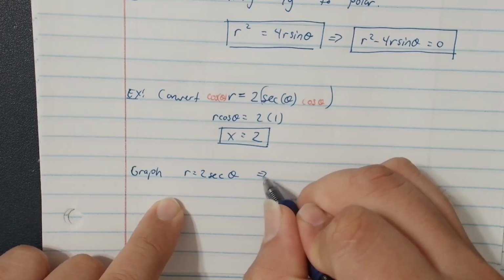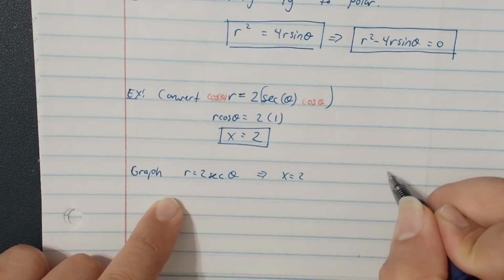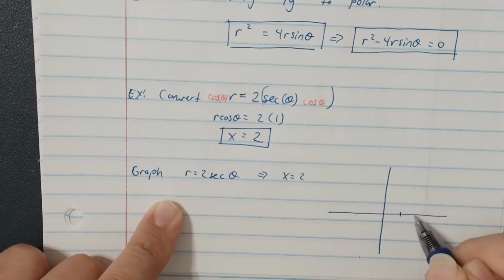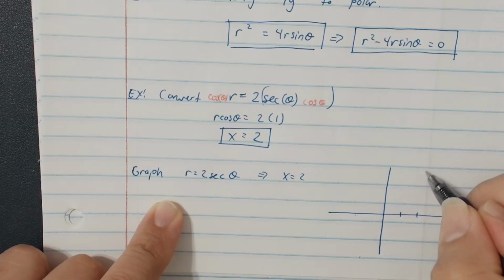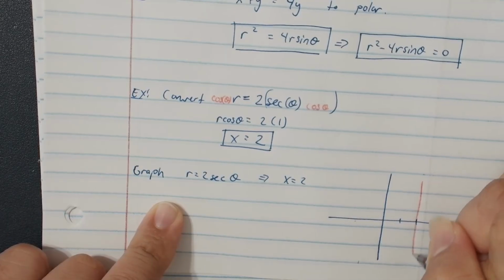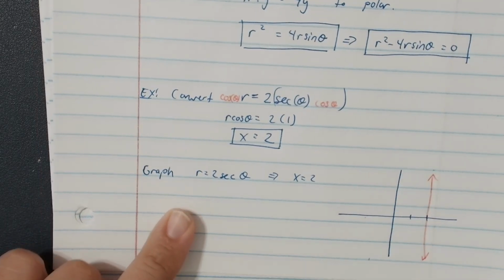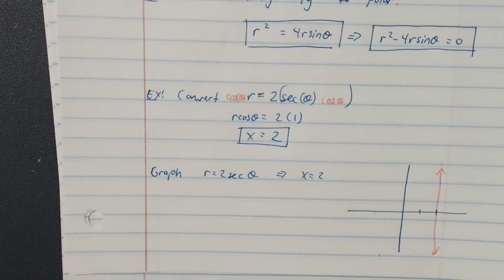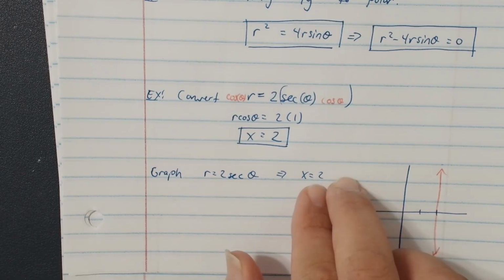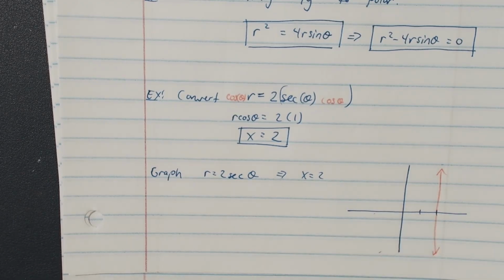But if you then realize that that's just the same as saying x equals 2, oh, that's much easier. x equals 2 is just a vertical line that crosses through the x-axis at 2. So this would be our graph here. So we can always take one form, and if it's just easier in another form, then just deal with it in that easier form.